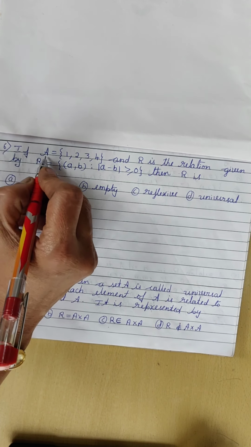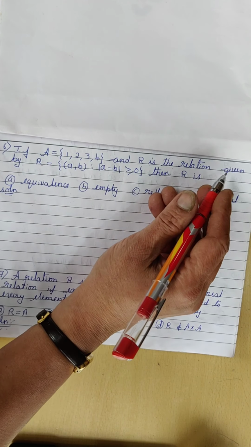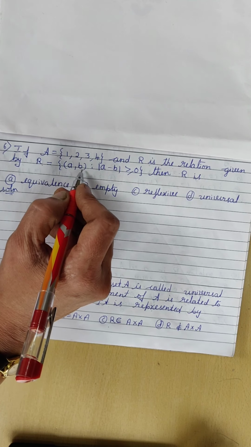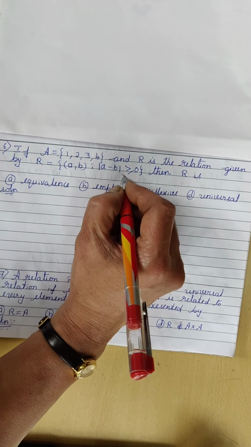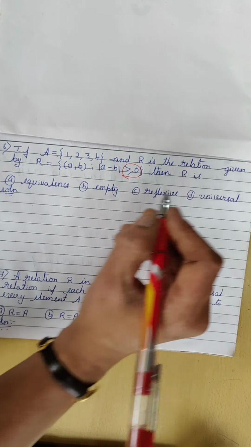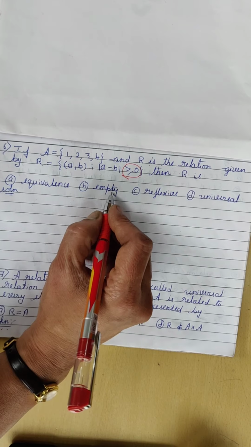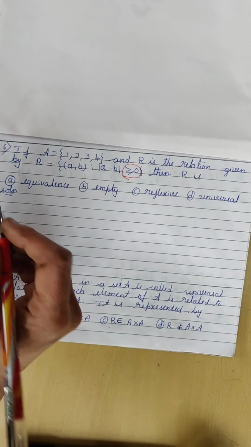Sixth one, if A is equal to {1, 2, 3, 4} and R is the relation given by R = {(a, b) such that modulus of a minus b is greater than or equal to 0}, then R is equivalence, empty, reflexive or universal. Let us take a look at that.